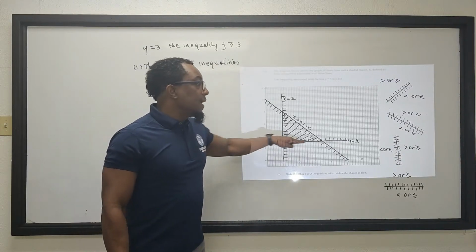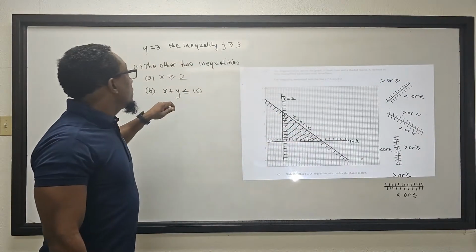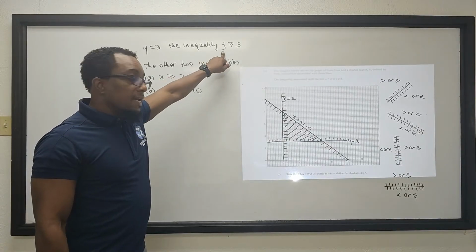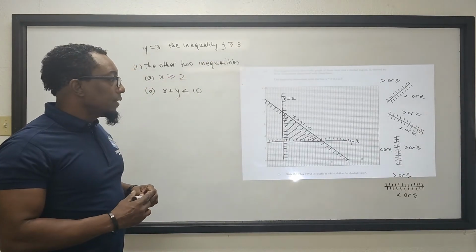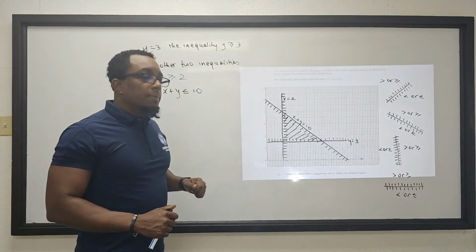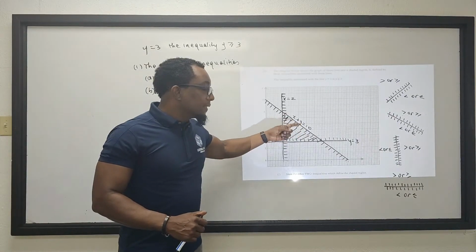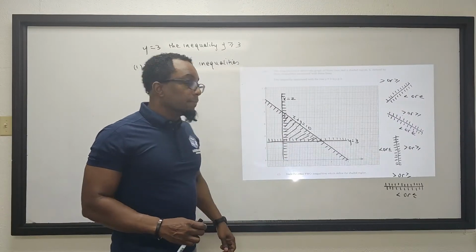Hence the reason we have the line y equal to 3 and we shade above, the inequality will be y is greater than or equal to 3. So these are the other two inequalities we can obtain from this graph, satisfying the shading region.